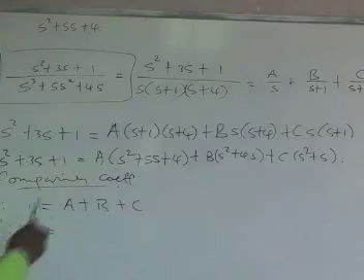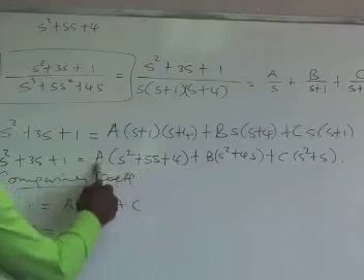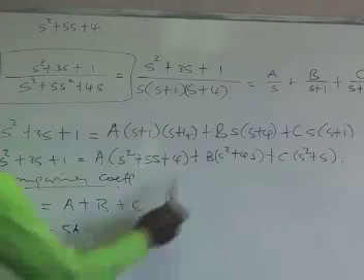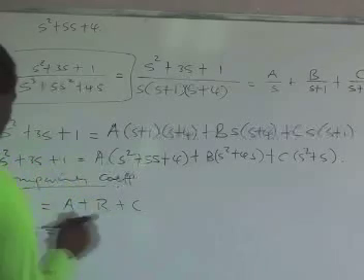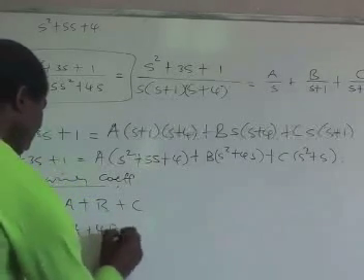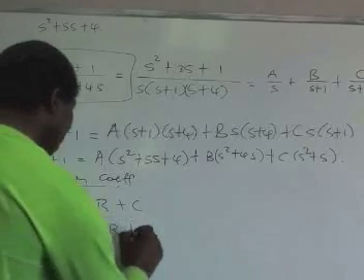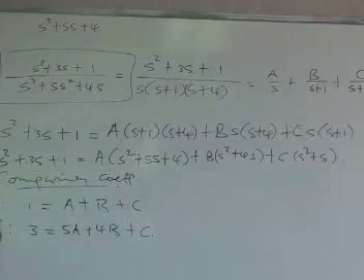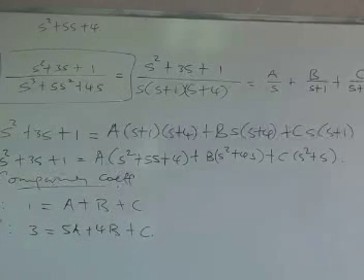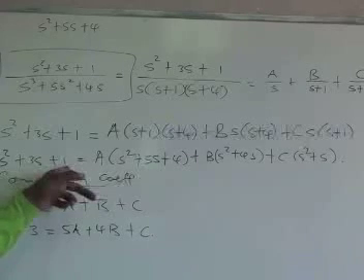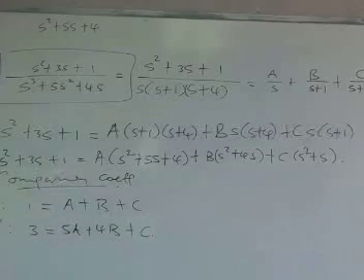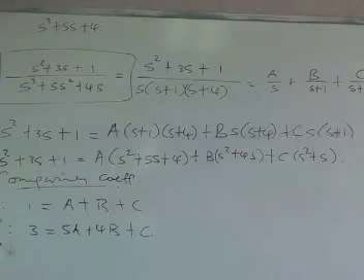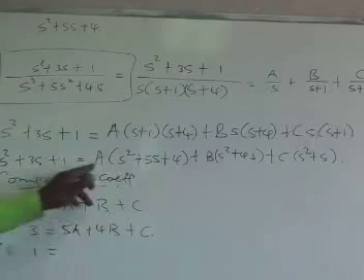That side we have 5A, for B we have 4, and then plus C. That's for s to the power 1. Finally we have s to the power 0. So we have 1 this side, and this should be equal to 4A.